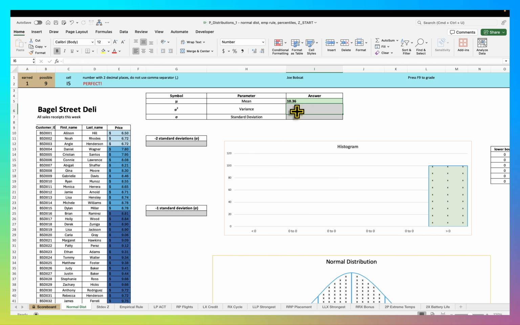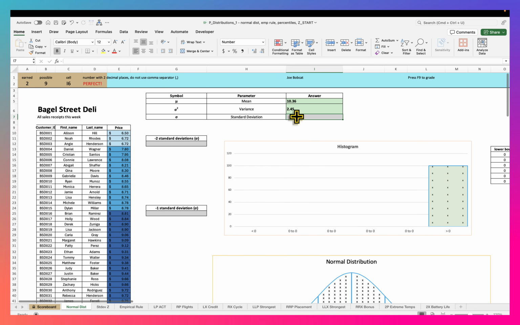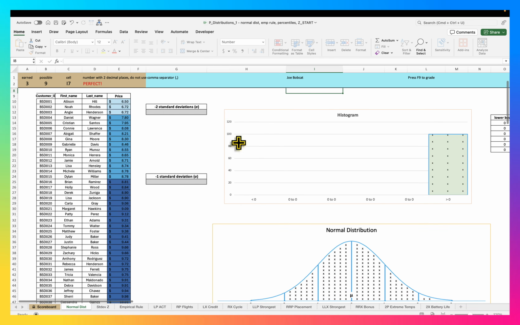Then we have the variance, which is sigma squared, and that's VAR dot P, because it's the population, and then all the numbers. And finally, the standard deviation, which is standard deviation dot P, again, because it's the population, all the numbers.